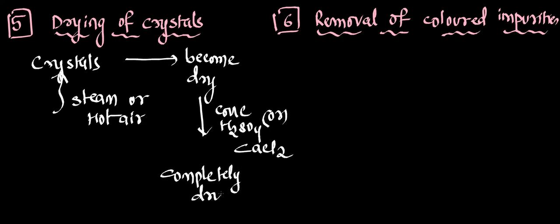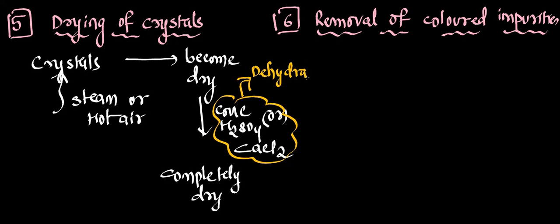We use a desiccator, and in the desiccator we keep these dehydrating agents and the crystals in that environment. Then this H2SO4 and CaCl2 remove the water content and make the crystals completely dry.